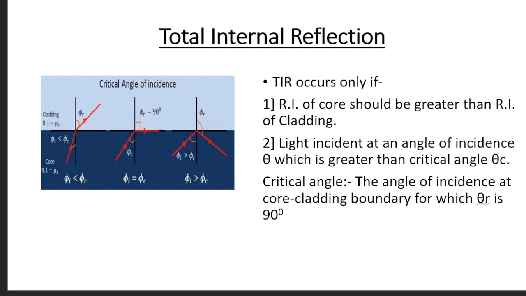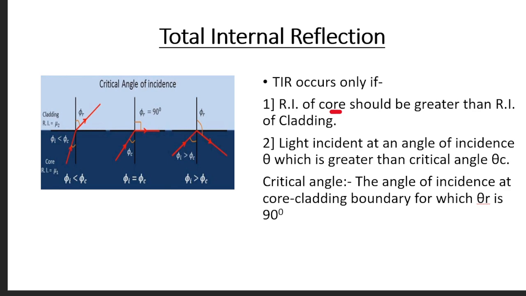So the definition of total internal reflection is that when the angle of incidence is greater than the critical angle, the light ray will be reflected in the same media. This is known as total internal reflection. For total internal reflection, the refractive index of core, that is mu1, should be greater than the refractive index of cladding, that is mu2.